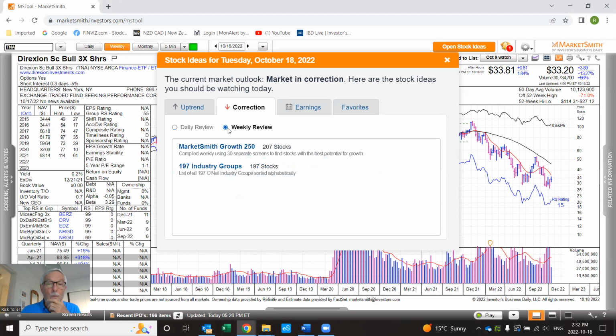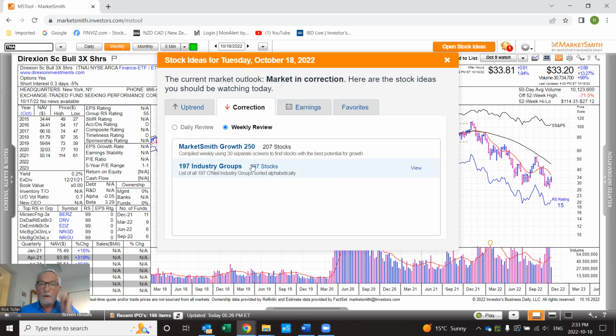And then if you go to a weekly, there's their MarketSmith Growth 250. Apparently there's only 207 stocks in there now, so you can quickly scan through those. And then they have their industry groups, which you can review to see how the various industries are stacking up. I haven't looked at this for a while, but I know oil and gas has been number one for 5 or 6 months. Now biotechs are moving into that space. Healthcare was there for a while, and so on.